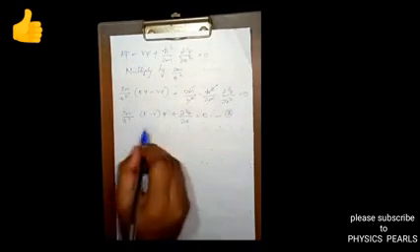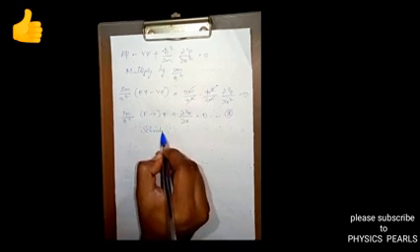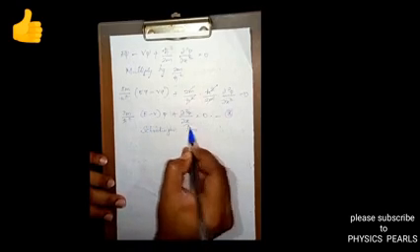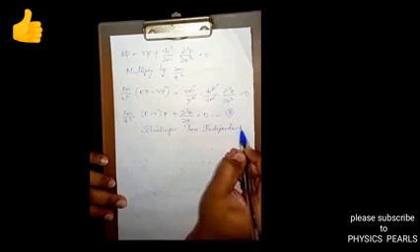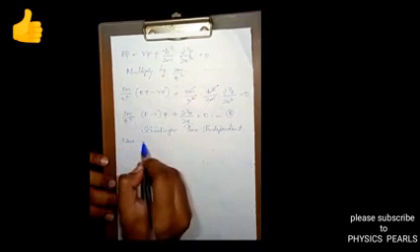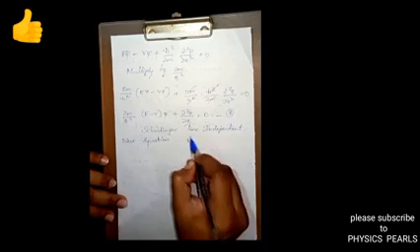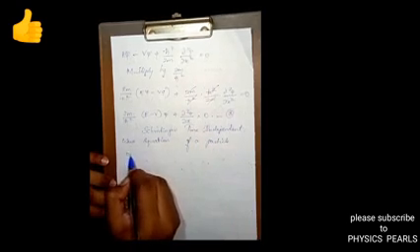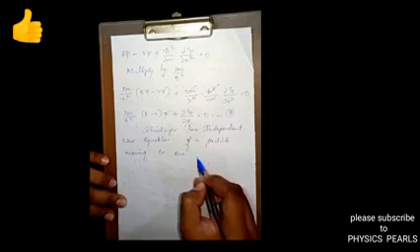This is equation number 8, and this equation is the Schrödinger time independent wave equation of a particle moving in one dimension.